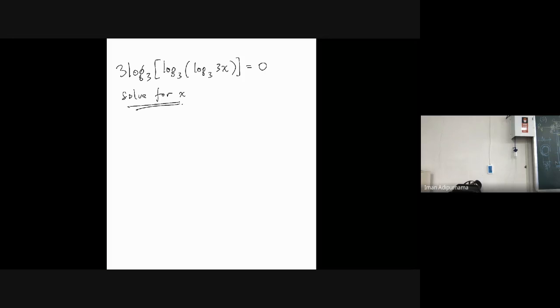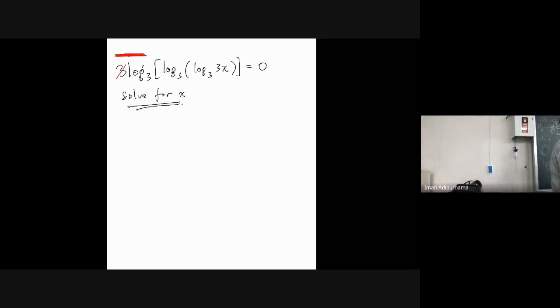So let's see this log as the layers of an onion. See the first log at the front. You have a constant 3, which is actually meaningless, because you can divide by 3 and it's 0, so you can just remove that.